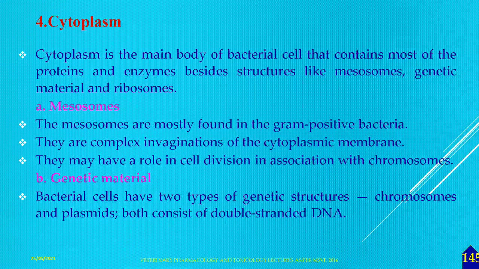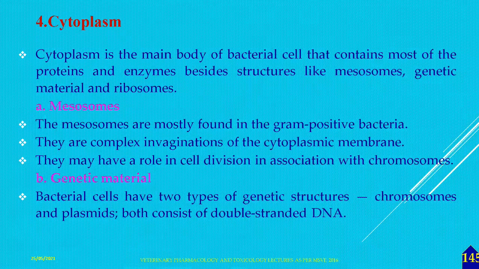The mesosomes have a role in cell division in association with the chromosomes, whereas the bacterial cells have two types of genetic material. One is the chromosome and another one is the plasmid. We have learned about the plasmid in bacterial antimicrobial resistance, and both consist of double-stranded DNA.